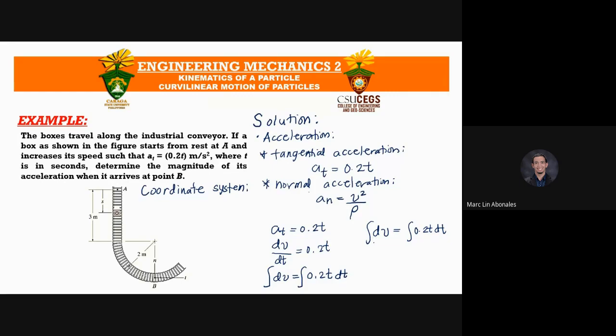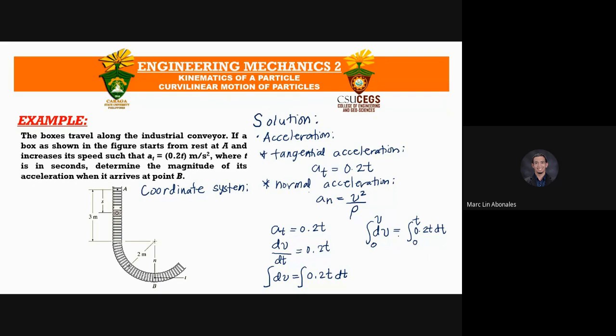The final velocity is unknown, so that is v. And for the time, the initial is zero and the final is the unknown, which is the variable t.